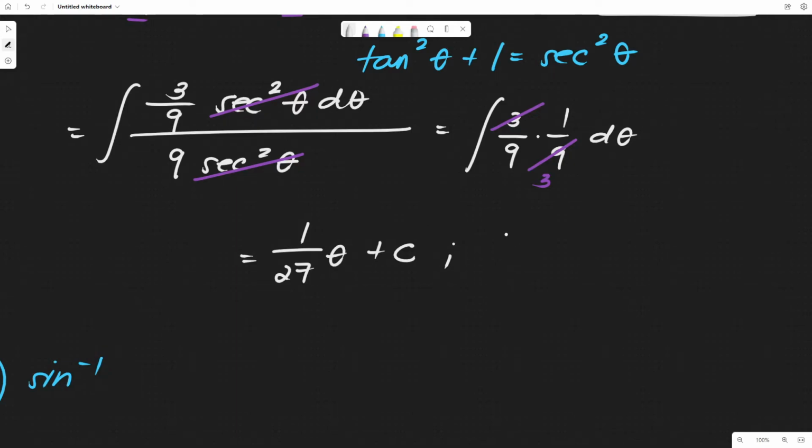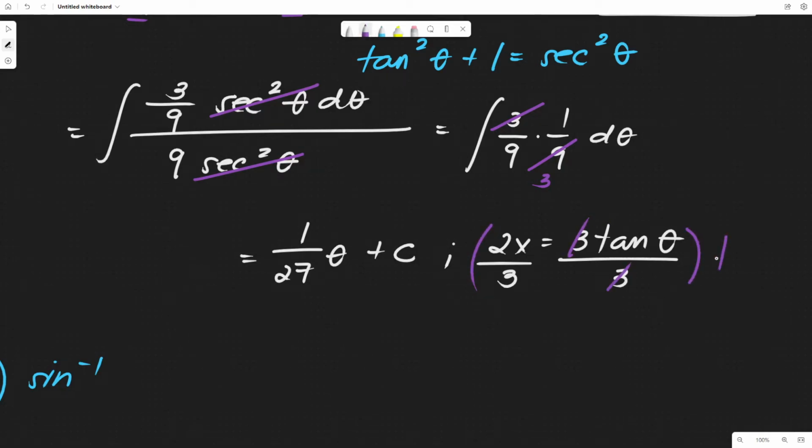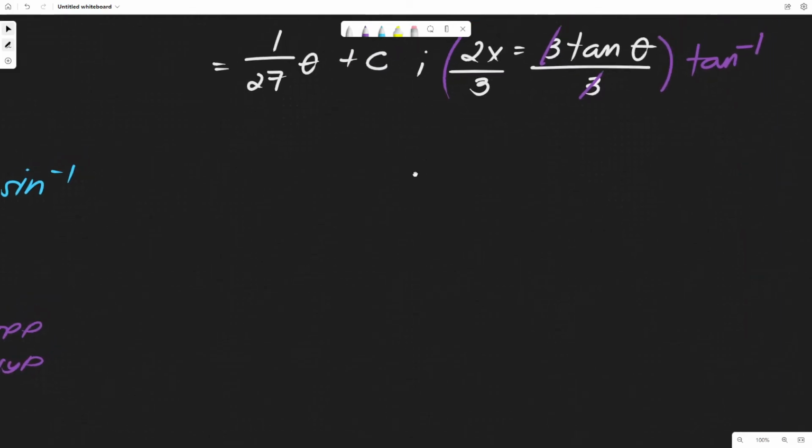Diba? We have 2x is equal to 3 tangent theta. Then divide ko lang both sides by 3, para ma-cancel to. Tapos kunin ko yung arc tangent. So therefore, theta is equal to what?